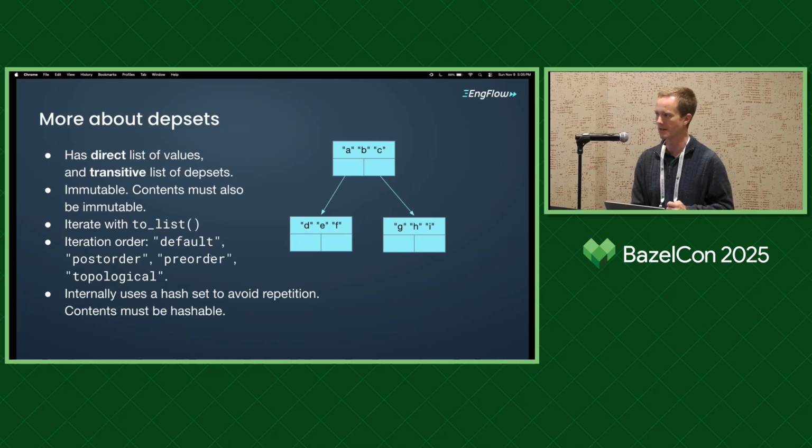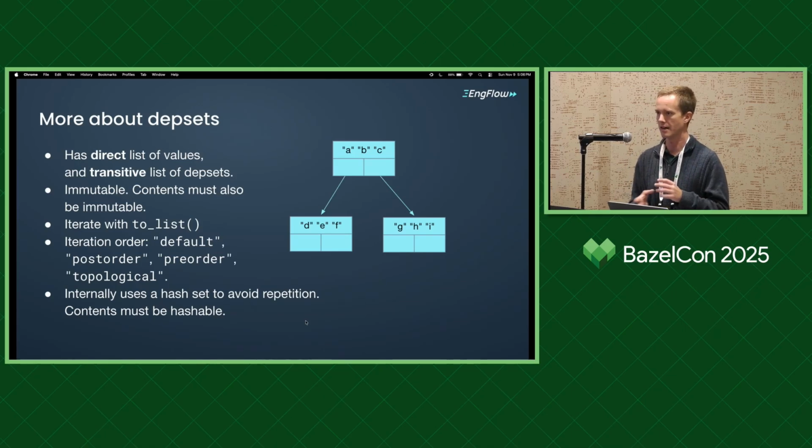So just be aware of accidental O of n squared stuff. You can set the iteration order. So you can say I want pre-order, I want post-order. Maybe that doesn't matter, maybe it does. For C++ linking, there's a lot of idiosyncrasy there where it matters. And internally, when you're walking over this thing, it uses a hash set to make sure it doesn't return the same thing twice. And so implicitly, everything that you put in here has to be hashable.